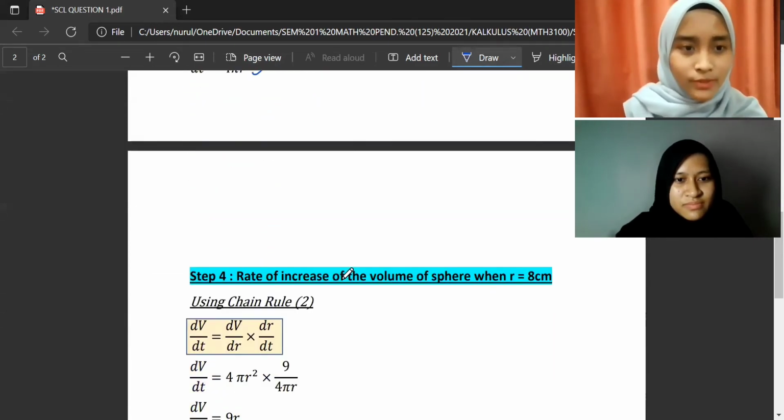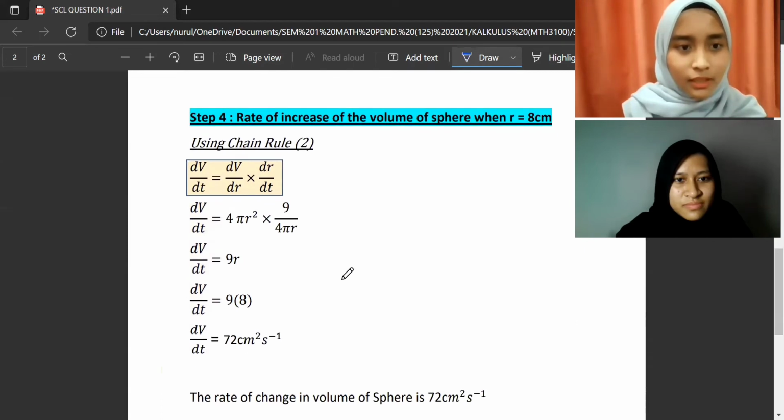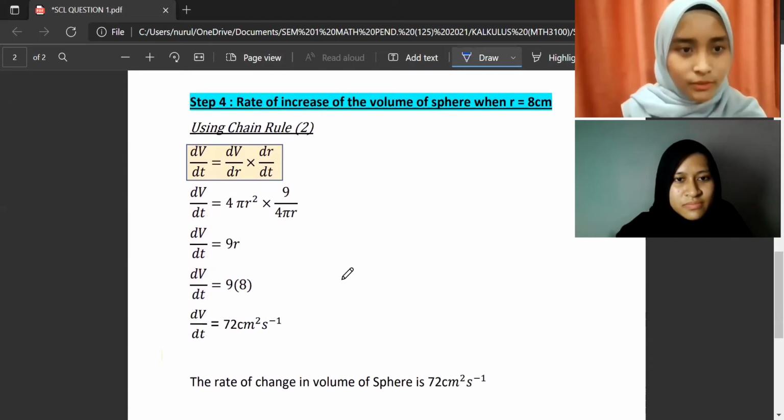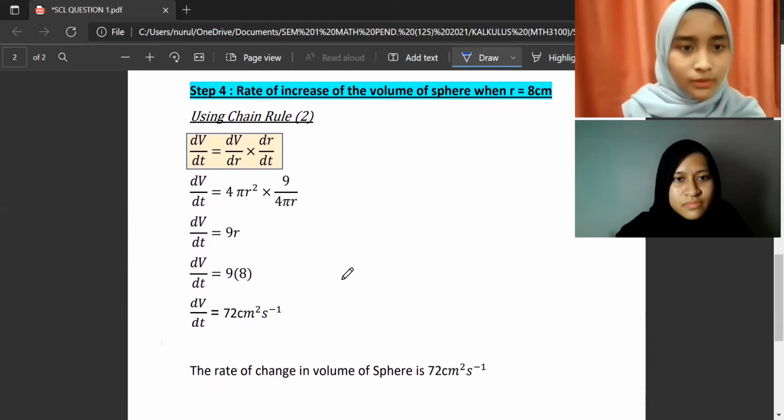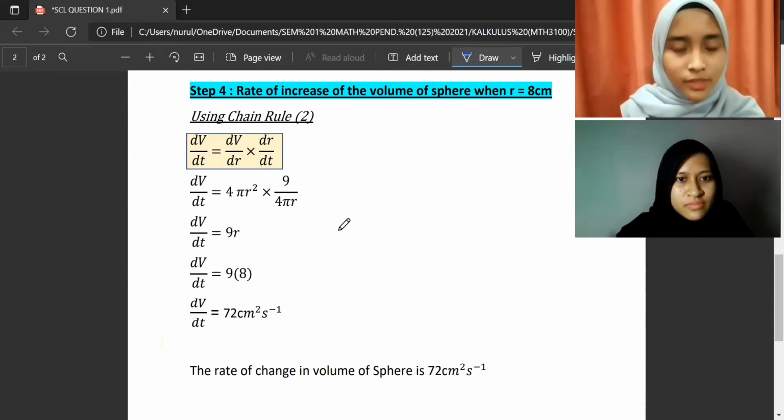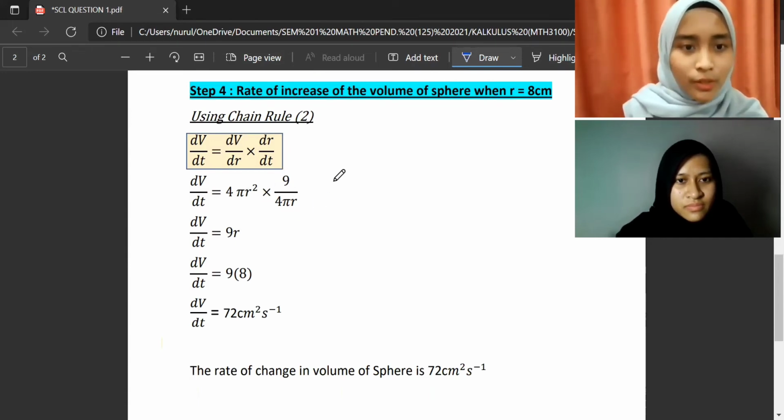Okay, then we can use dr over dt in this formula, which is dV over dt equals dV over dr times dr over dt. dV over dr we get from step 1, which is 4 pi r squared, and dr over dt we get from step 3, which is 9 over 4 pi r. When we multiply this, we will get 9r.